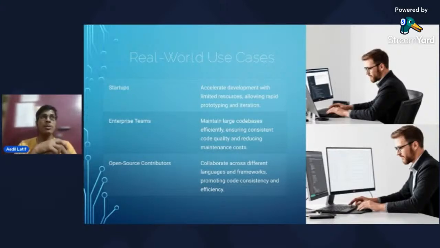Okay, so if I talk about enterprises, large enterprise teams often have multiple developers working on different parts of the same project. Copilot Studio helps them enforce their coding standards and best practices on one platform, and it ensures that the code base remains consistent and unified, not different for different developers.